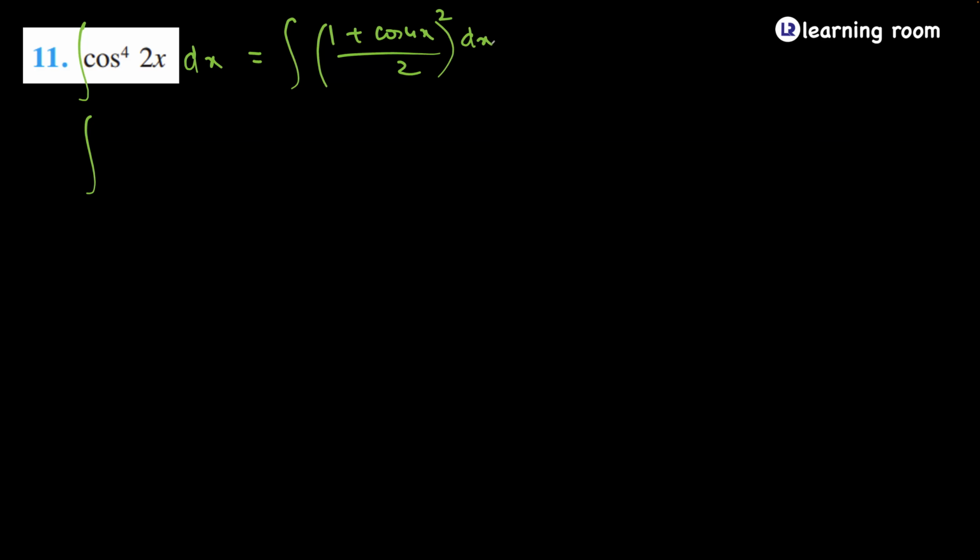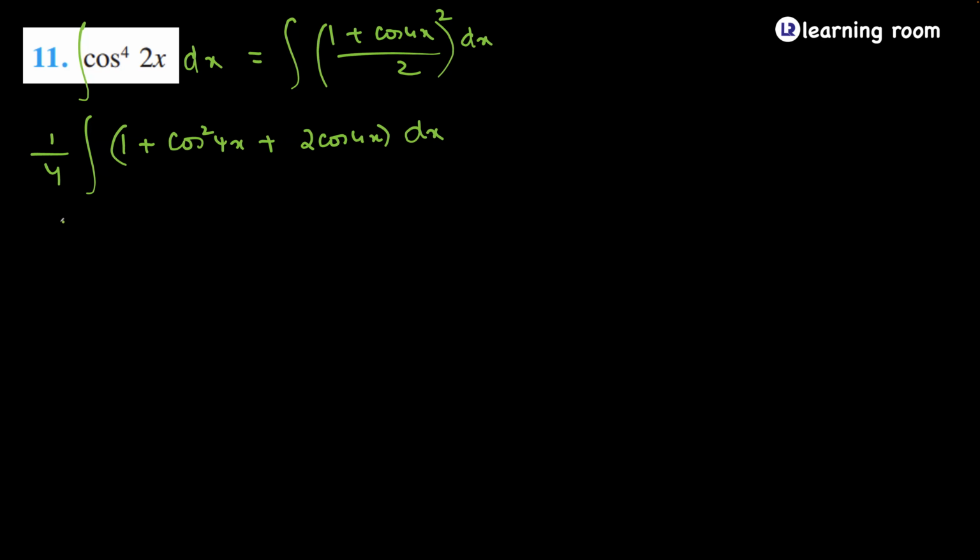Can you do that? Correct? So what will it be? 1 by 4 will come out. You have 1 plus cos square 4x plus 2 cos 4x times dx.